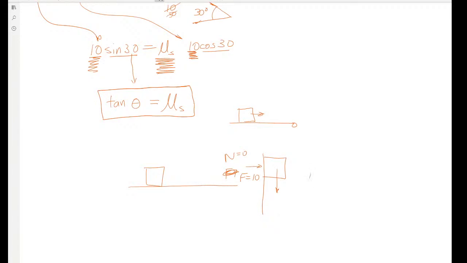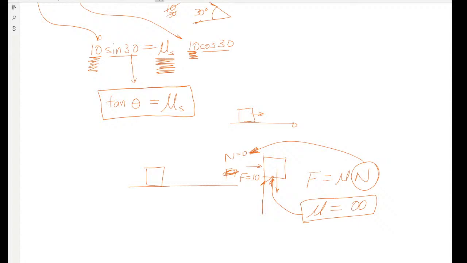And then you would say, well, F is equal to mu n. Hey, wait a minute, if it's turned totally vertical, then mu is equal to infinity. So this is if you glued the block onto the board. But that's not going to happen.